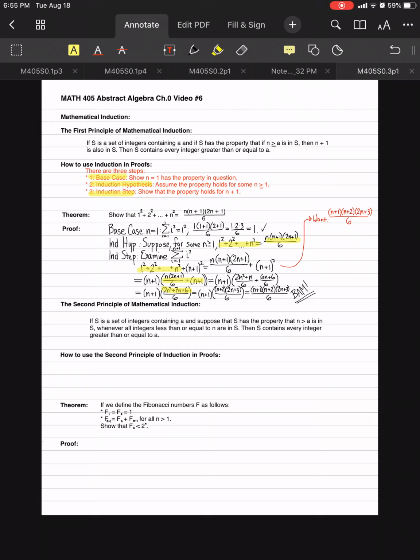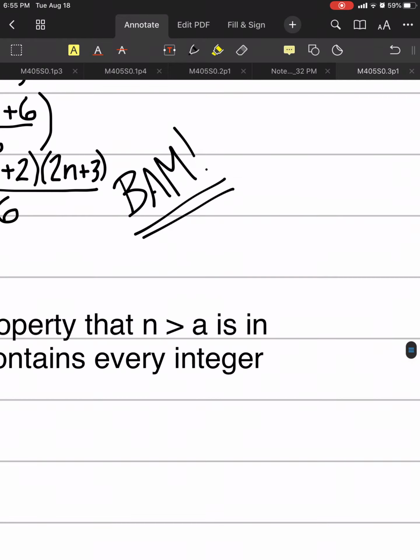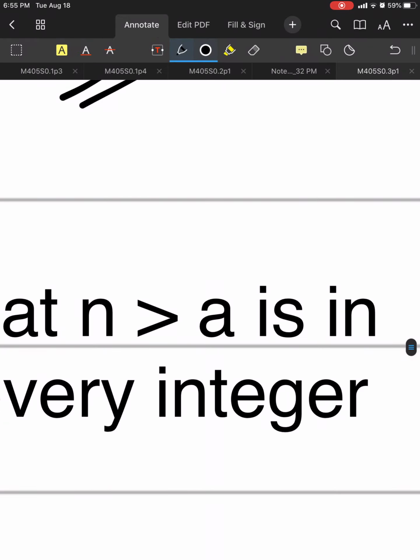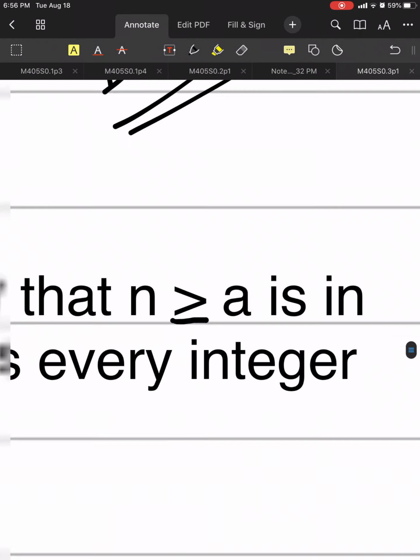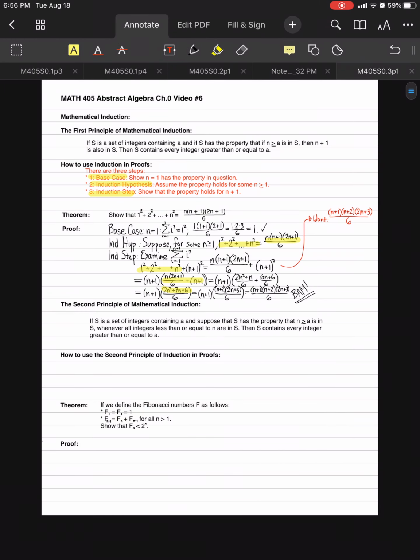Now, our next thing is the second principle of mathematical induction. I'm not going to read out their version here. It's very similar. Let me fix this here. We need an equal sign there. There we go. Very similar to the first principle, but again, the actual statement isn't what we would typically use to go about making proofs.